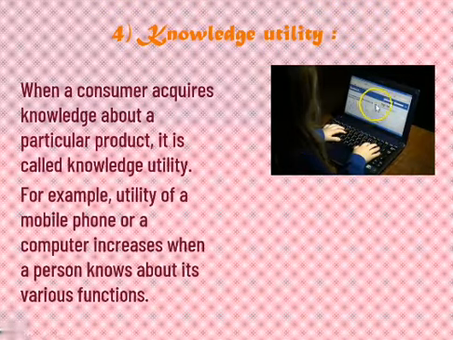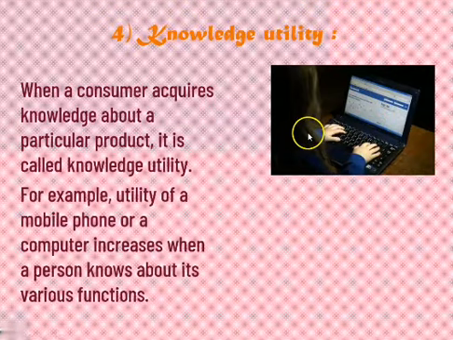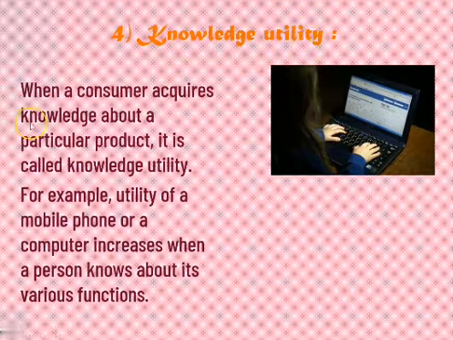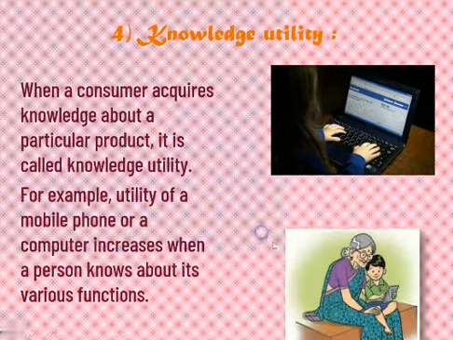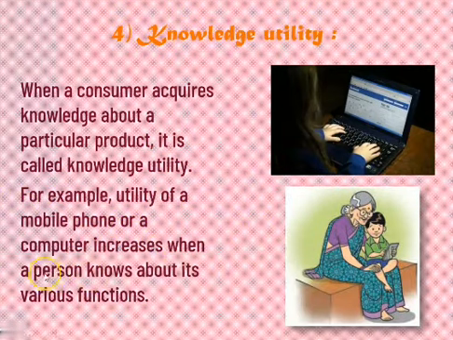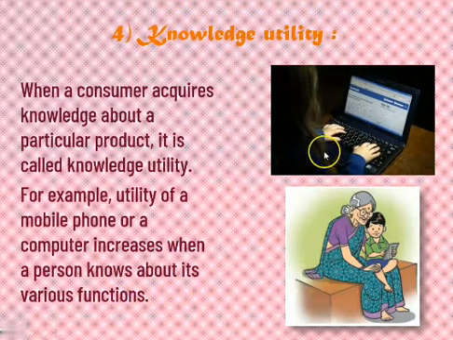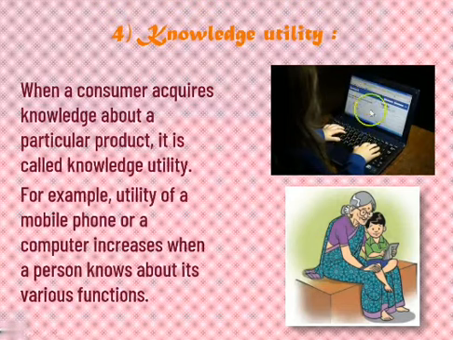When a person has knowledge about a particular commodity and uses these goods, that is called knowledge utility. When a consumer acquires knowledge about a particular product, it is called knowledge utility. For example, the utility of a mobile phone or a computer increases when a person knows about its various functions. If the person has the idea how to operate it, it has utility.